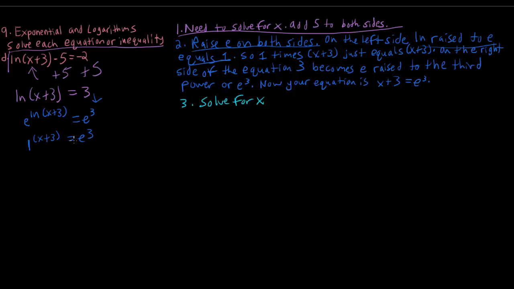And then this just moves to the left, so x plus 3 equals e cubed, and like step 3 says, we just want to go ahead and solve for x.